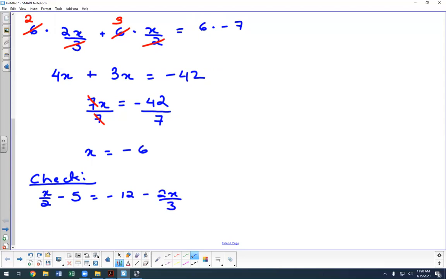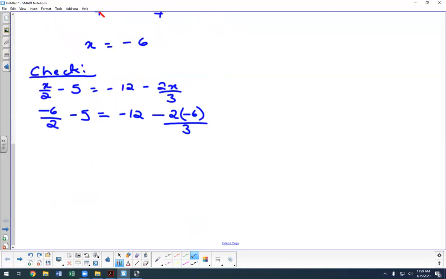And everywhere you see an x, replace it with that negative 6.